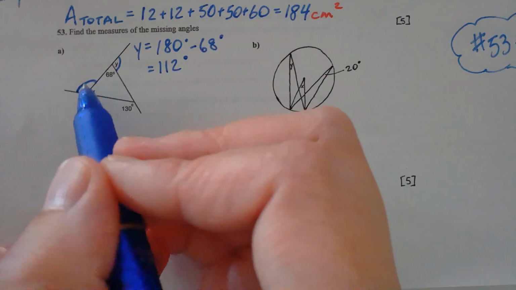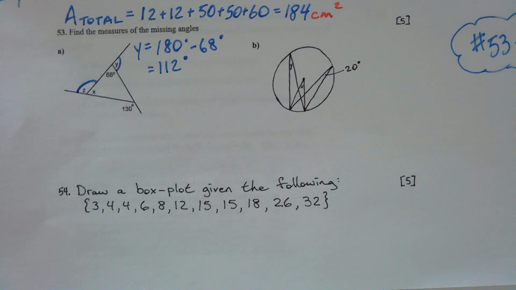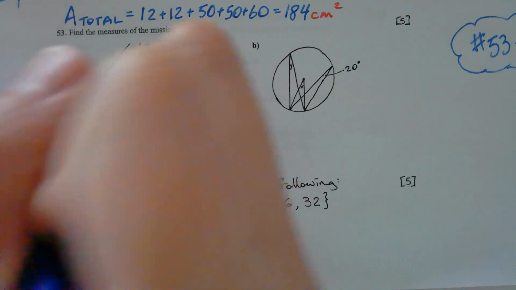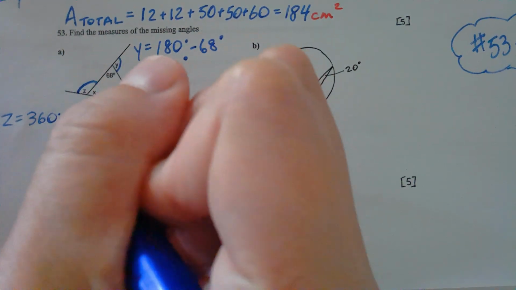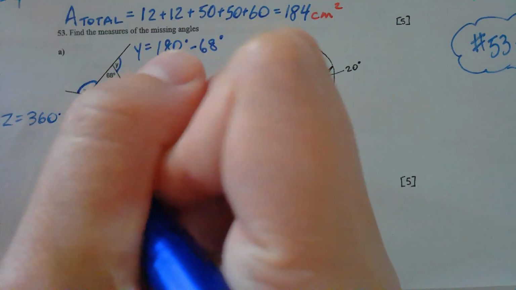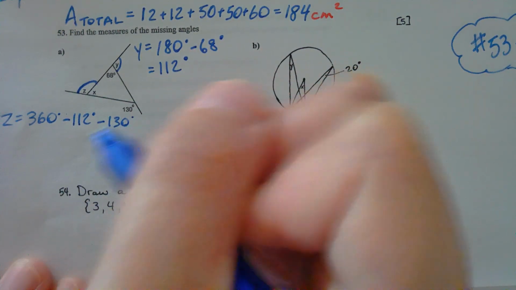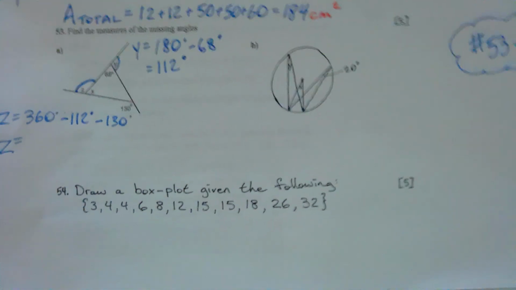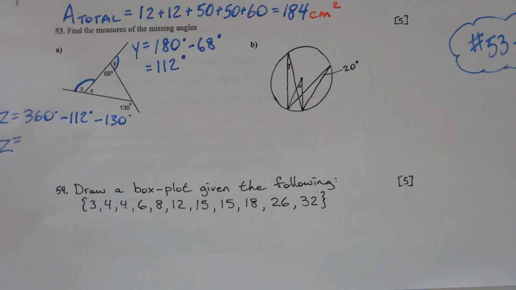So it's not only for triangles, but another exterior angle theorem is that the exterior outside angles add up to 360. So z equals 360 minus the 112 minus the 130, and that will give you the angle for z, which is Betsy. What did you get?